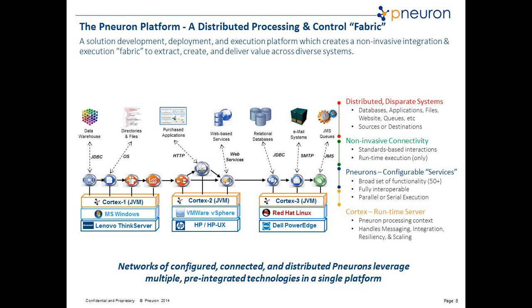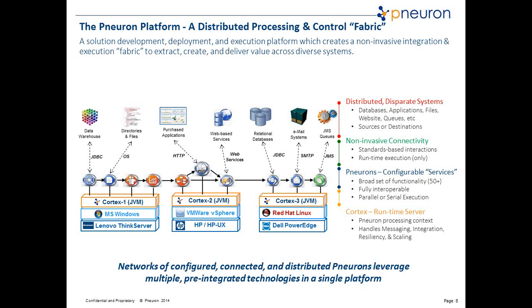Instead, we will leverage the connectivity options that typically exist within your enterprise already. Things like JDBC connections or HTTP or web services to allow you to make the connection and extract the value that's required for the particular business solution directly from those source systems. And very importantly, that is specifically done at runtime.